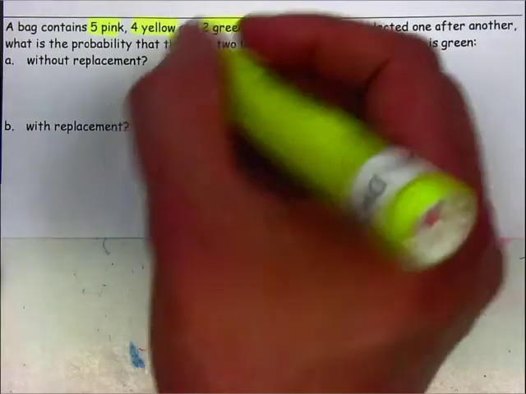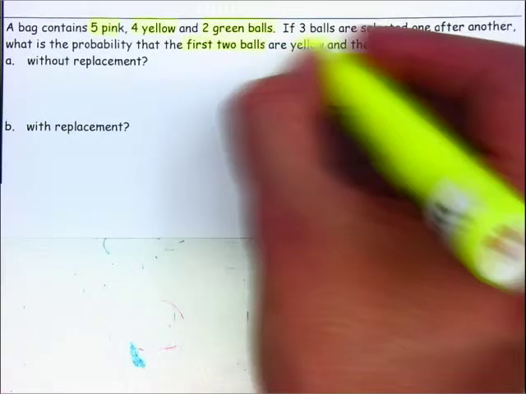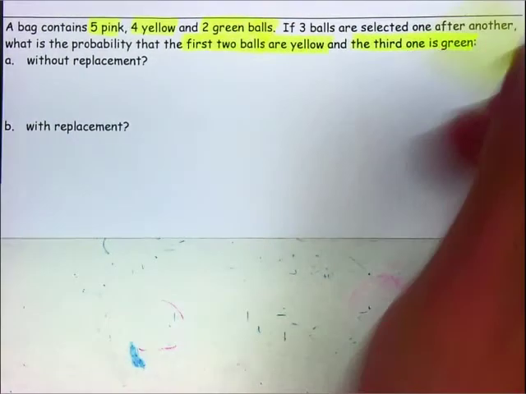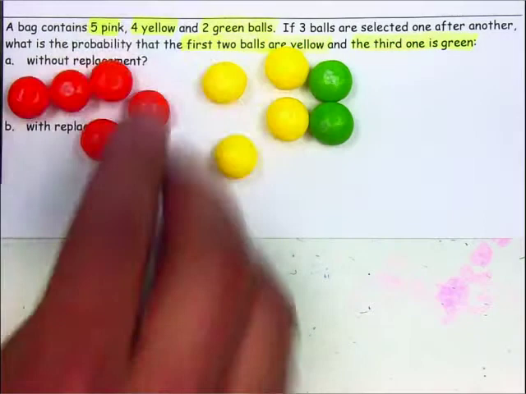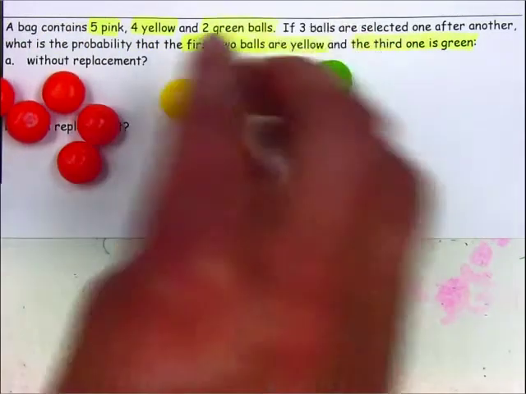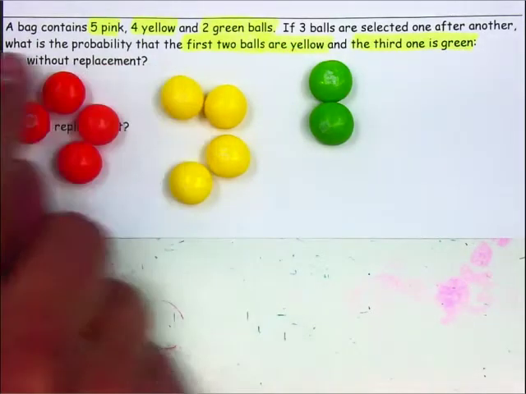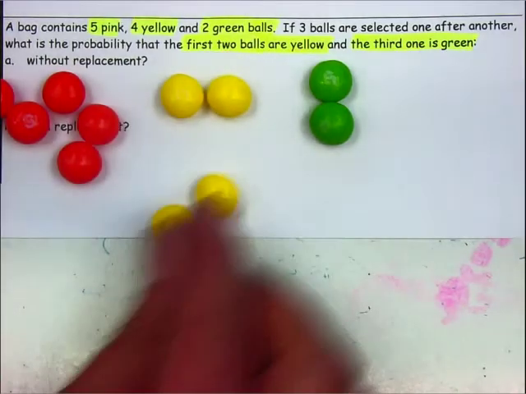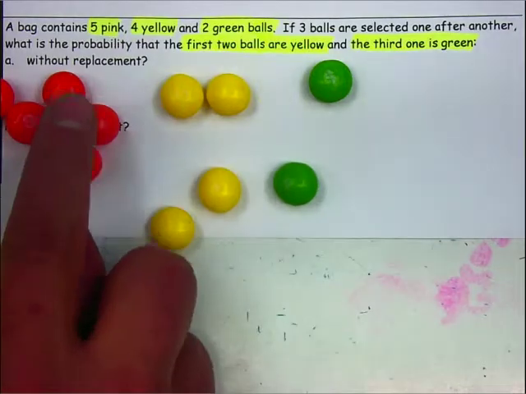So we're looking for the first two yellow and the third one will be green. So we have 5 pink, 4 yellow, and 2 green. What's the probability that you're going to get 2 yellow and then a green, without replacement?